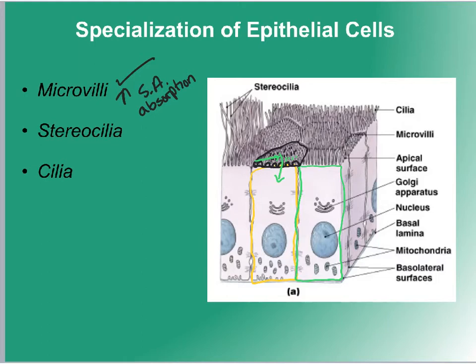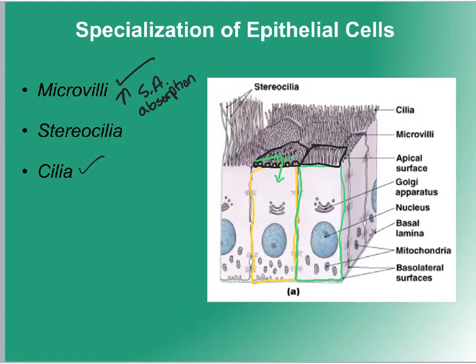Next, we'll move to cilia, which are just a little bit longer than microvilli. And that's what you see here, these longer projections. Cilia do not increase the surface area for absorption. Cilia have the ability to move back and forth. Well, I shouldn't say back and forth. They move in just one direction, so we'll just say forth.